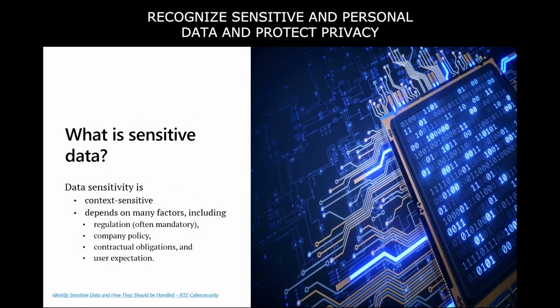Data sensitivity is context sensitive, and it depends on many factors, including regulations, company policy, contractual obligations, and user expectations. It may vary from industry to industry and from organization to organization. So it is absolutely context sensitive. Once you have a context, you can define your sensitive information for your organization.